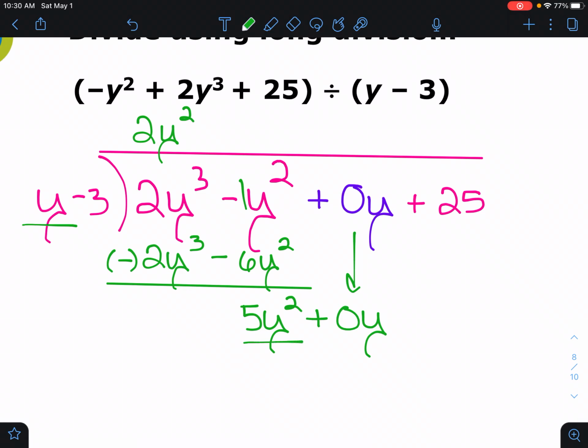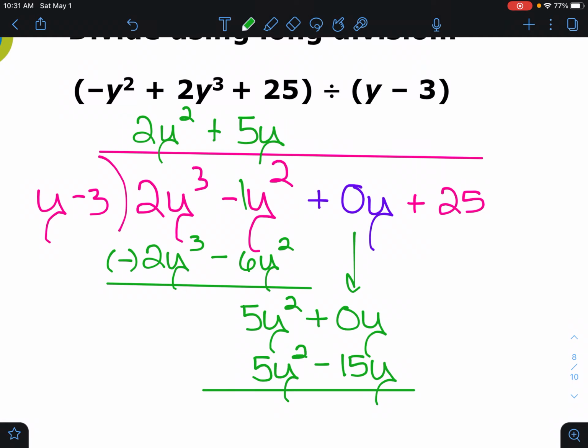And that would be a positive 5y. So y times 5y would give me 5y squared. So now, once I put something up here, you're going to multiply by this, all right? So 5y times y is 5y squared. And then 5y times negative 3 would give me negative 15y.